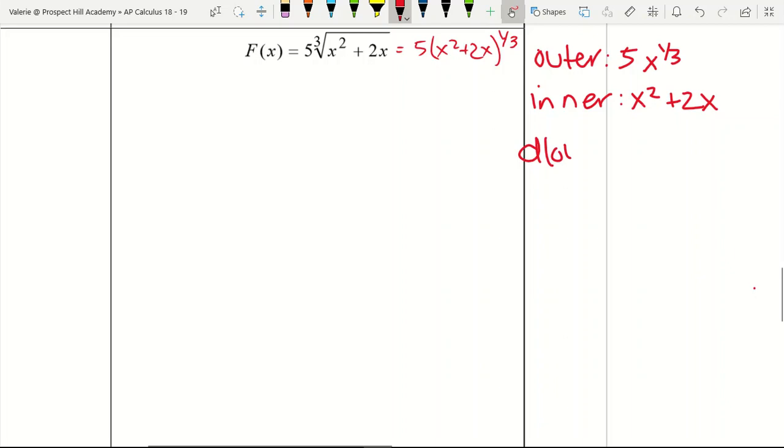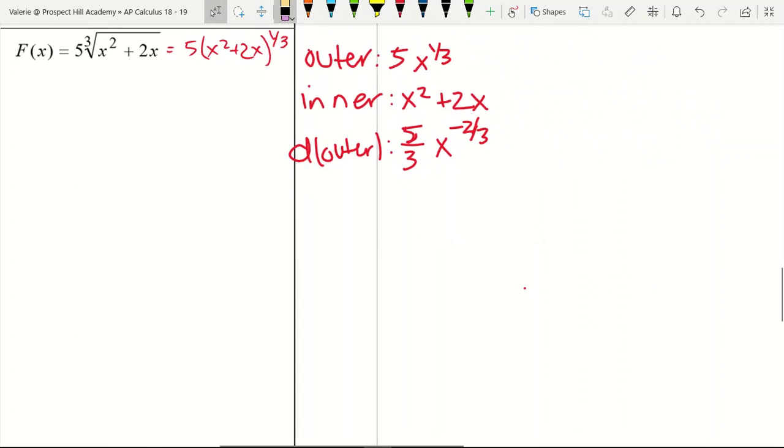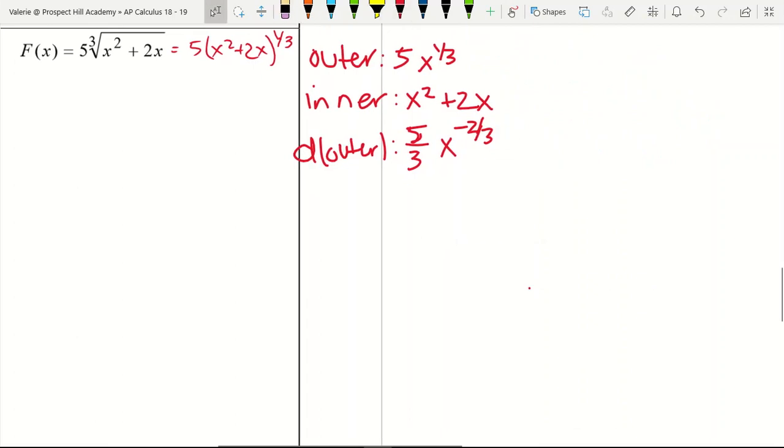The derivative of the outer function is 5 over 3 x to the negative 2/3, which is equal to negative 5 over 3 cubed root of x squared.